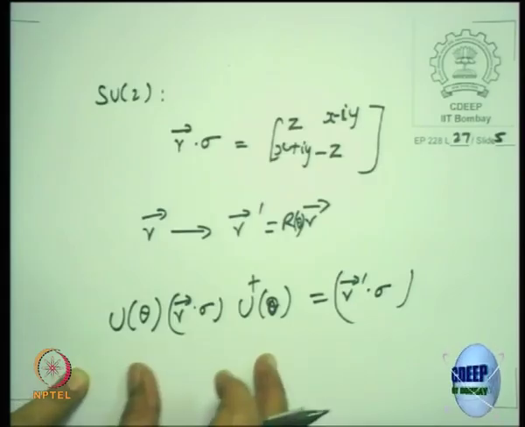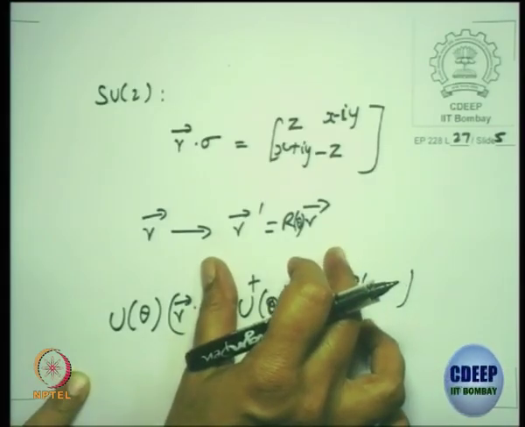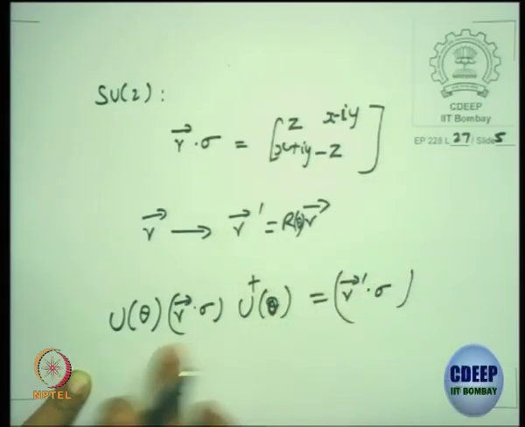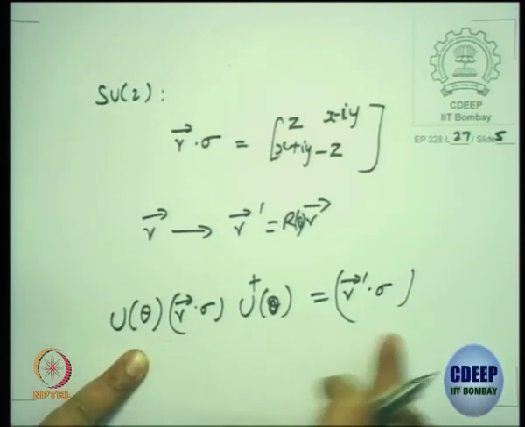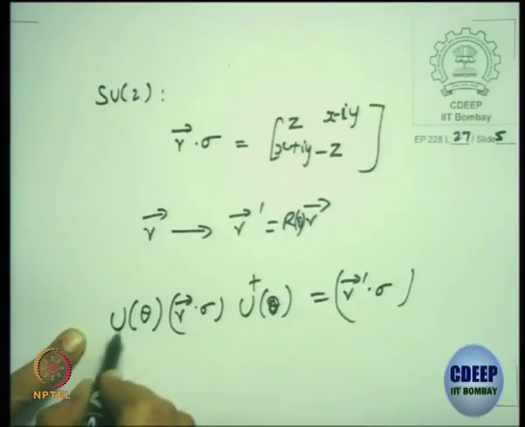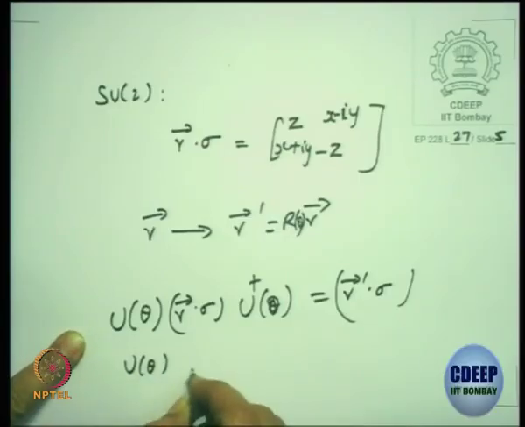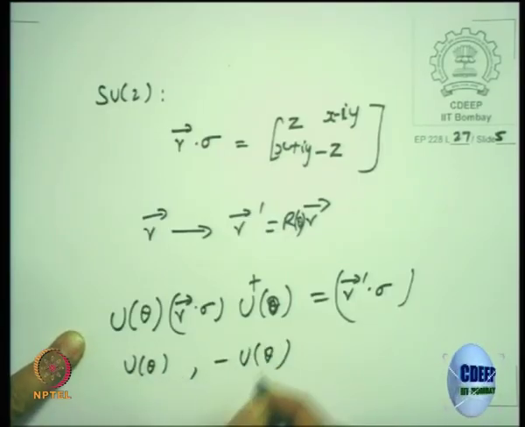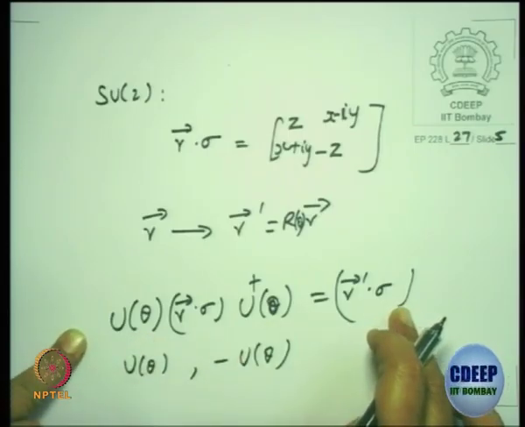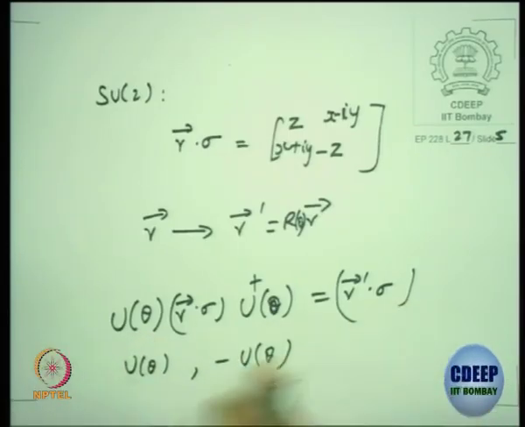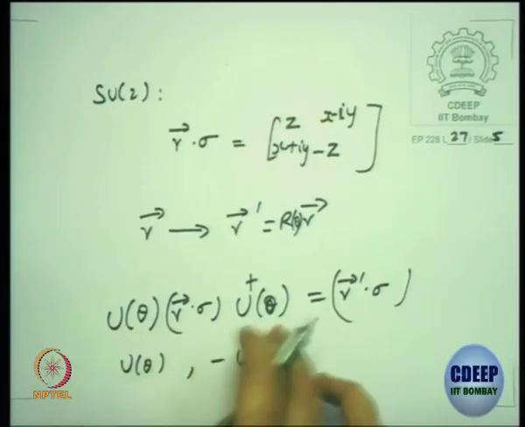There's something you can note now. If you take the two signs here, you can take U with an identity, U of theta and minus of U of theta will both give you the same equation, right? Because there are two U daggers there.